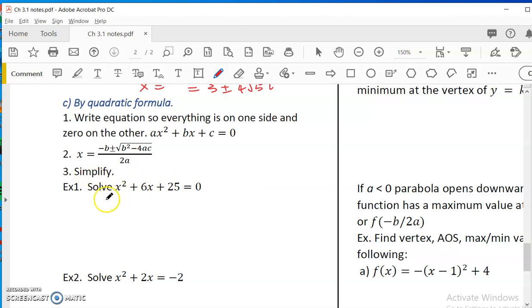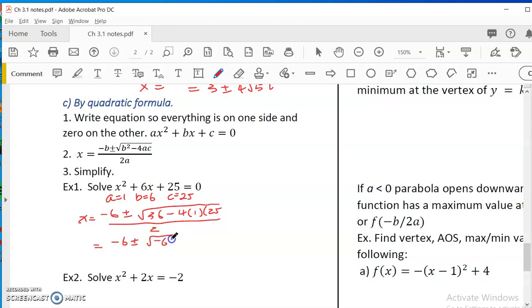It's not a square term either, so we would do the quadratic formula. A is 1, B is 6, C is 25, all plus, right? X is equal to negative B, negative 6, plus and minus square root of B squared, 36, minus 4 times A which is 1, times C which is 25, all over 2A, all over 2. So that would be negative 6 plus and minus square root of negative 64, because minus 100 from 36, over 2.